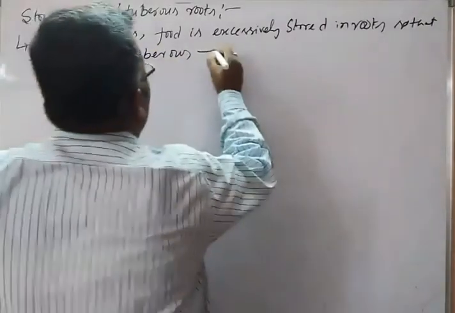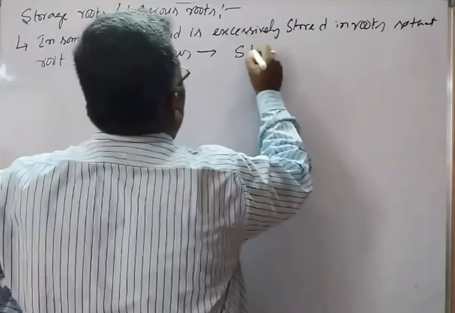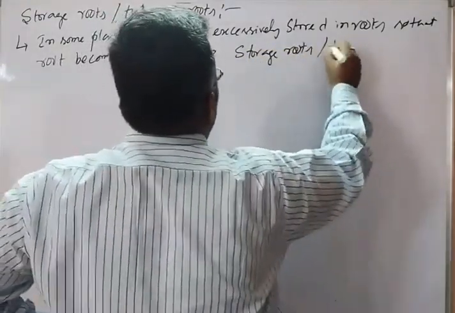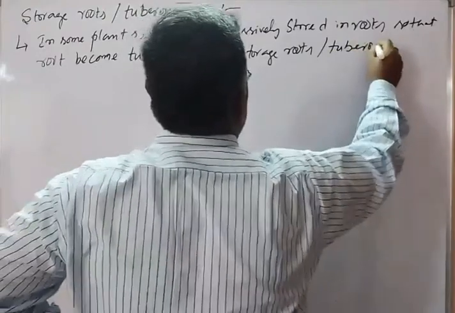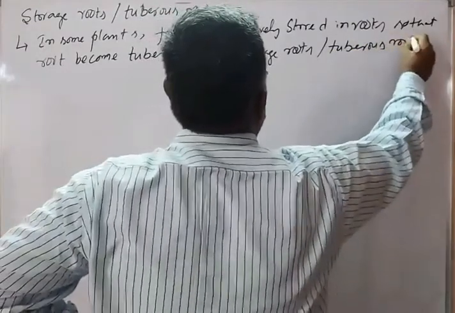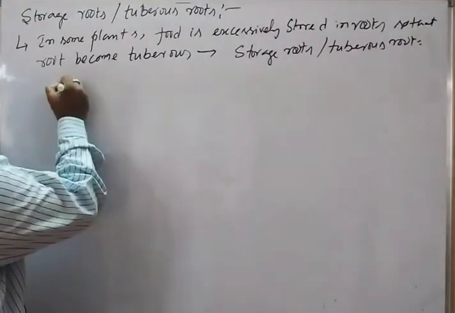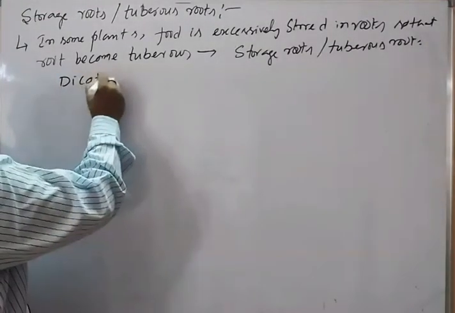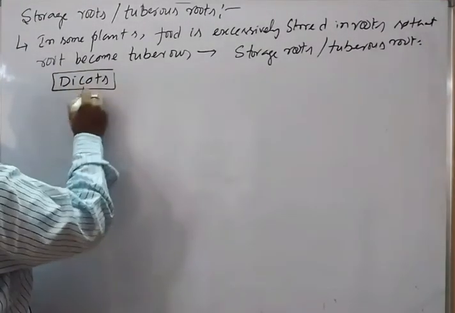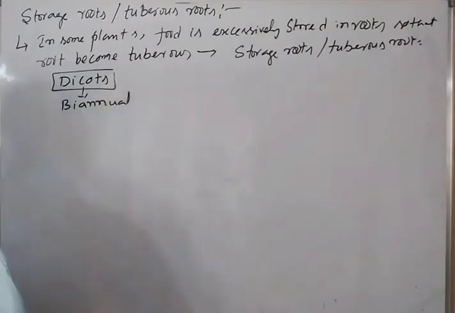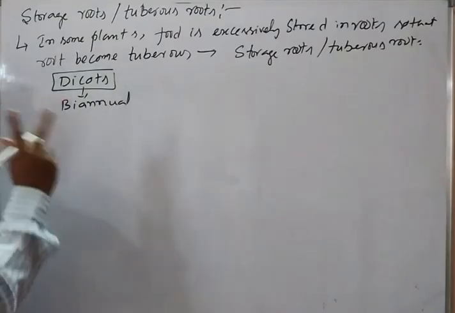Such roots are called storage roots or tuberous roots. We have different examples. Dicots, like biennial plants. Biennial means they complete their life cycle in 2 years or 2 seasons.